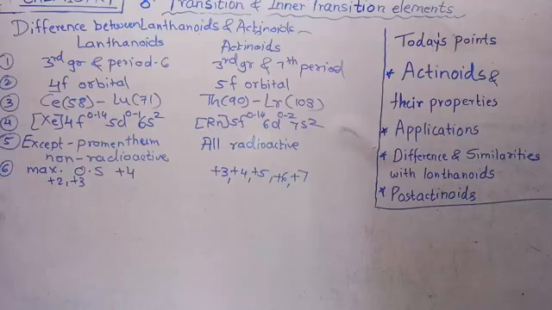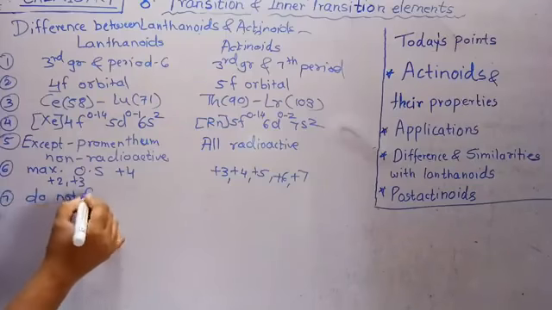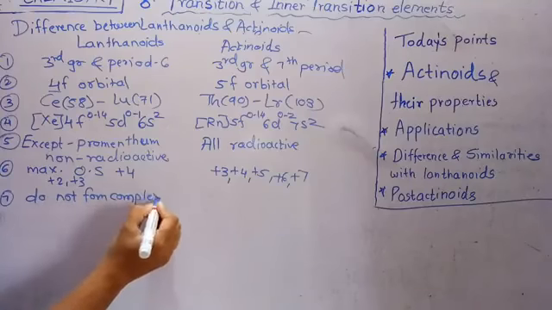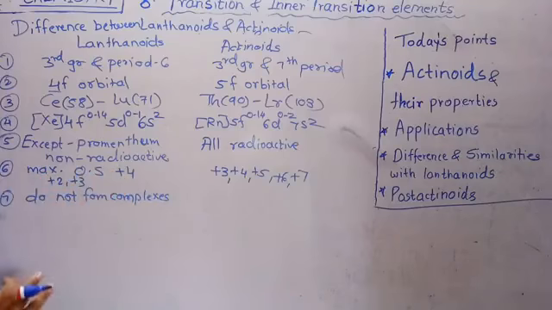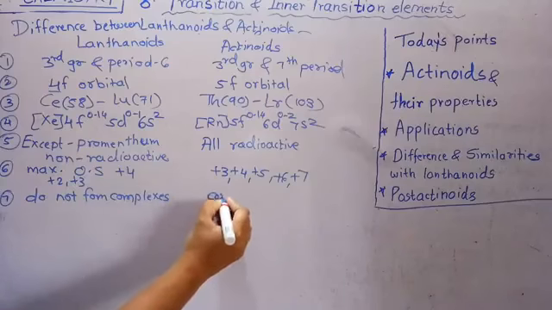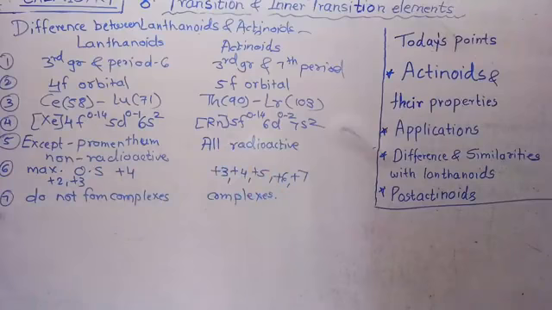This is the difference. The next one: lanthanoids do not form complexes because of the limited oxidation states, and actinoids form complexes because of the variable oxidation states.